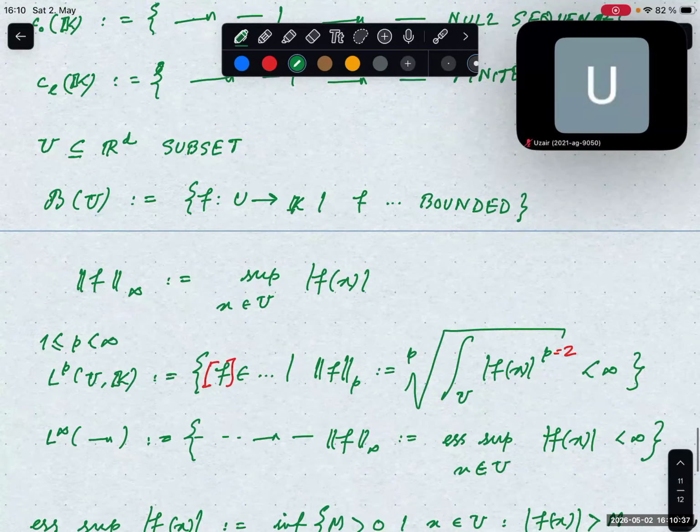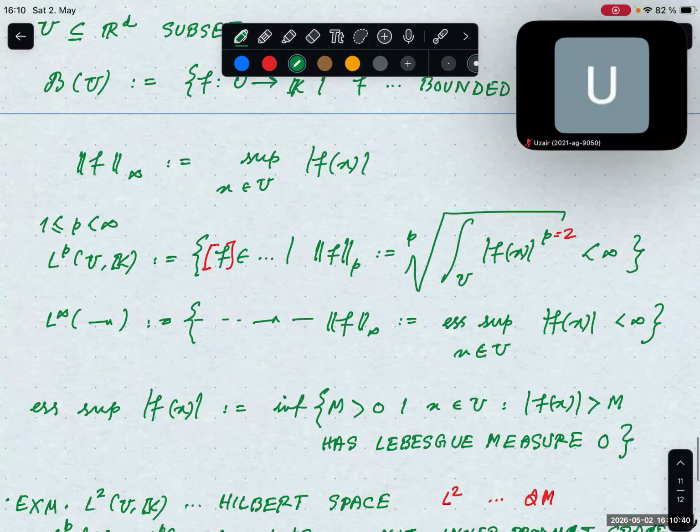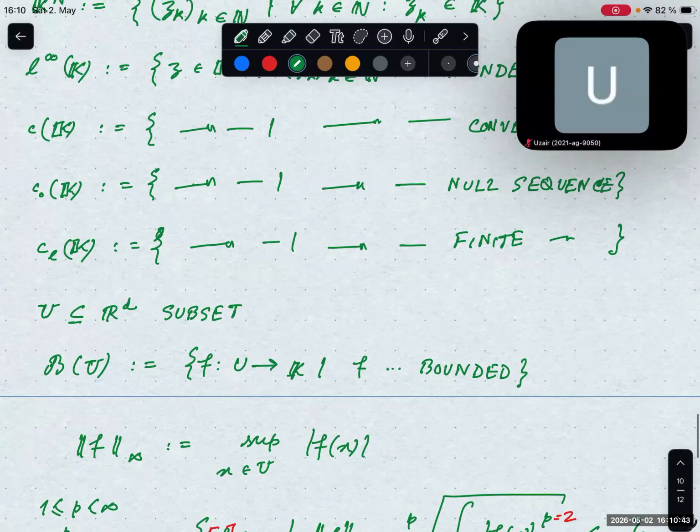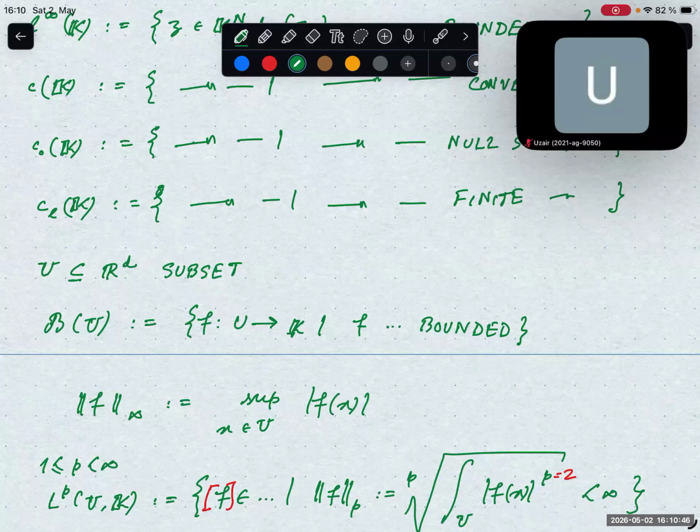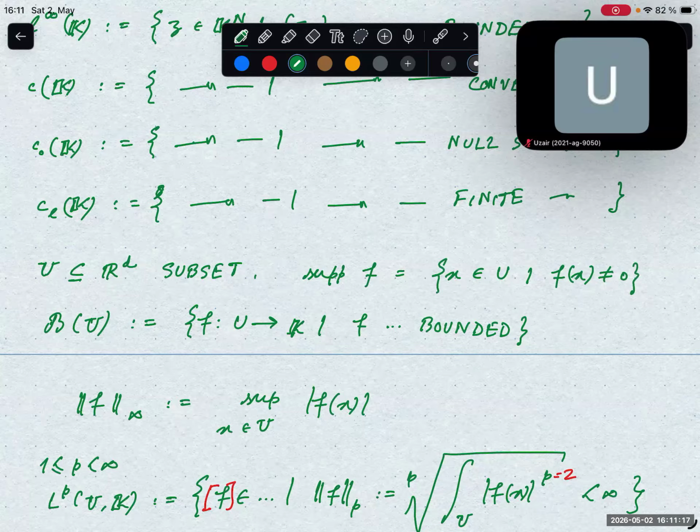So the support of a function is those points for which the function is non-zero, and then you take the completion.